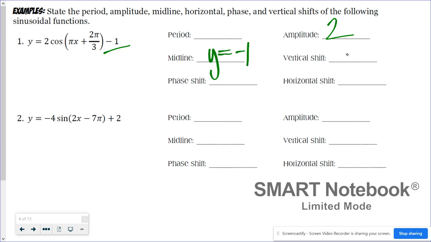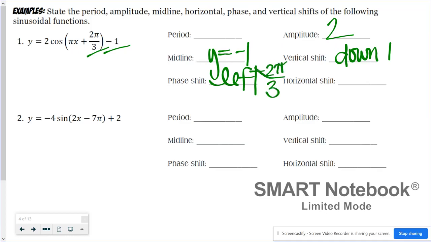Being -1, that means it went down 1. And then something else I know without doing any math is the phase shift, because in its non-factored form, 2 pi over 3 is my phase shift. And since it's plus, that means it's going left 2 pi over 3. We won't see that in the graph of the function.